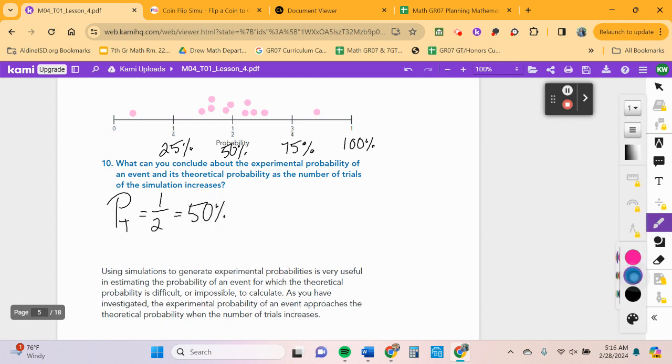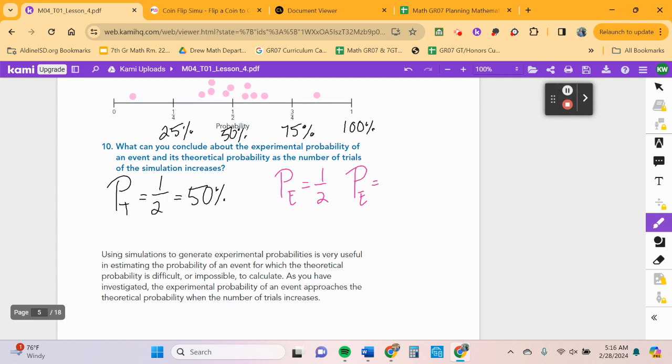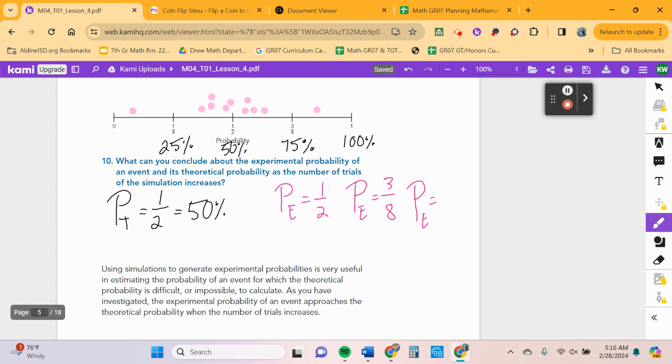And then what actually happened, I'll use pink. In the first trial, we got 1/2. In the second trial, out of 8, we got a little bit less than 1/2. And in that last trial, we got a little bit more.